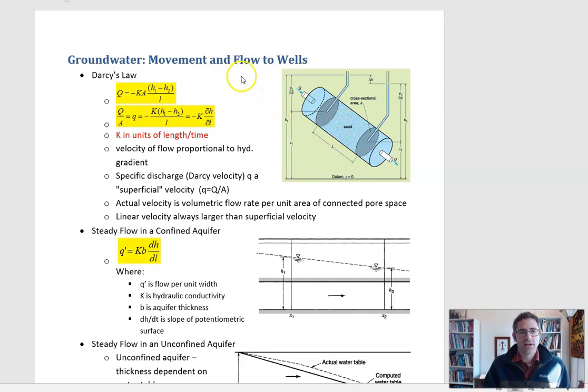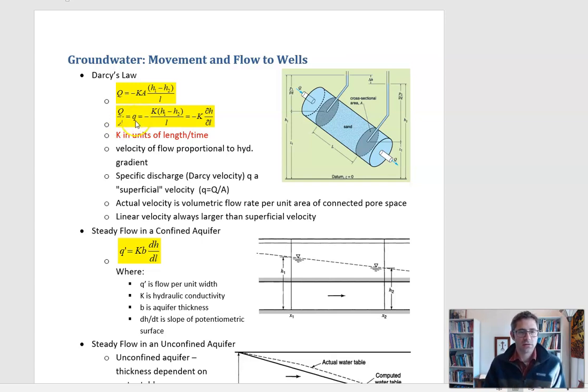Okay, so if I take Q over A, divide both sides by A, I get this parameter little q, which is what we call a specific discharge, or the Darcy velocity.